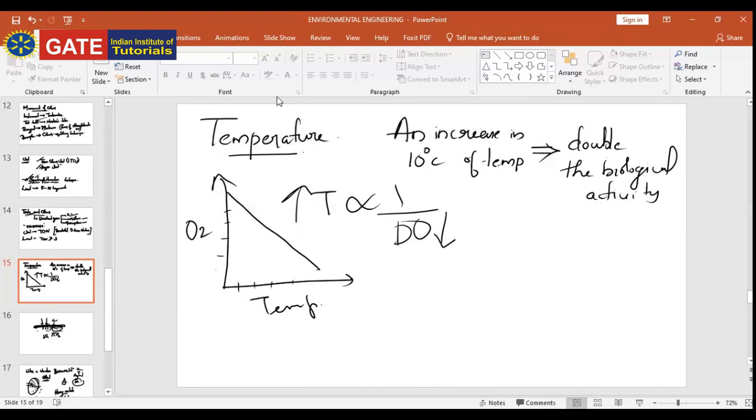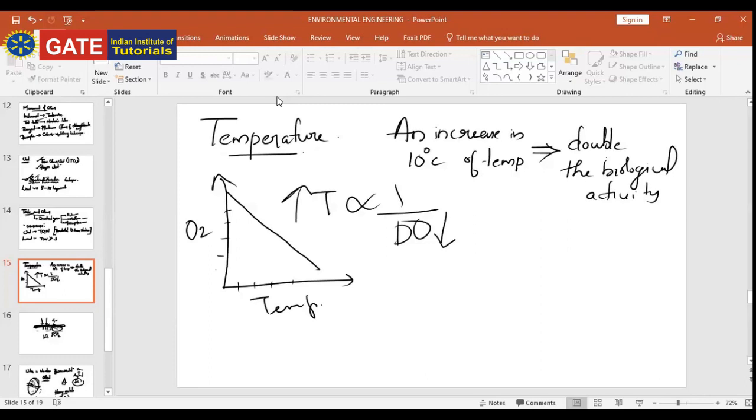So what does this mean? If you have increased temperature, biological activity, say for example, excessive growth of some plants, like some algal species, may happen. Algal blooms may occur more with increased temperature. So what is algal bloom? Algal bloom is the production of new plants of algae. So algal blooms may occur frequently due to the increase in temperature.